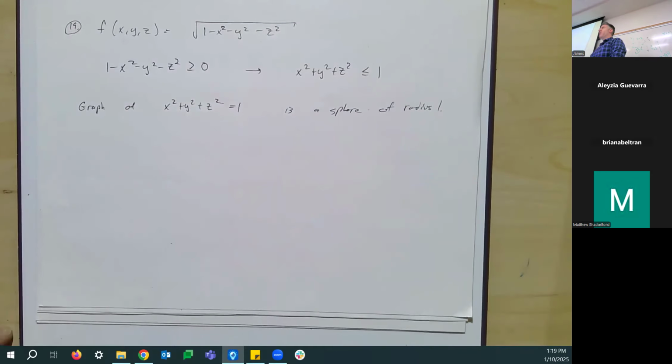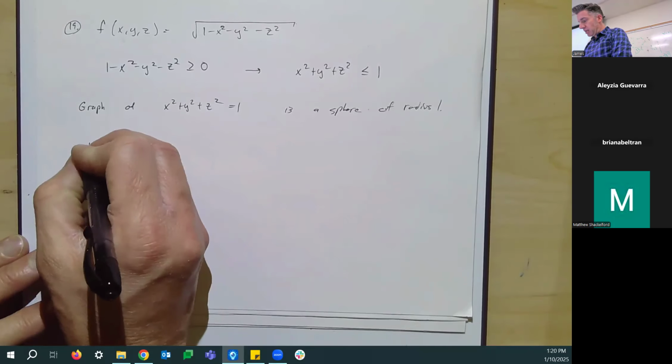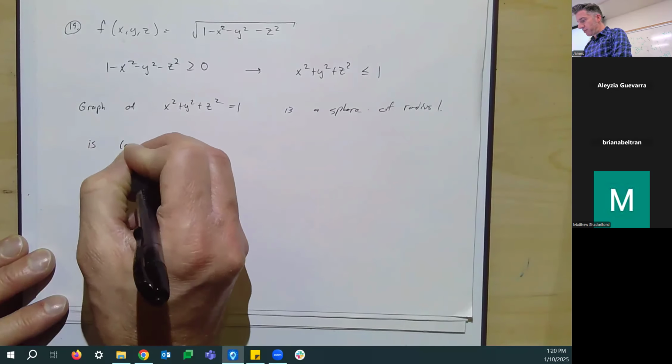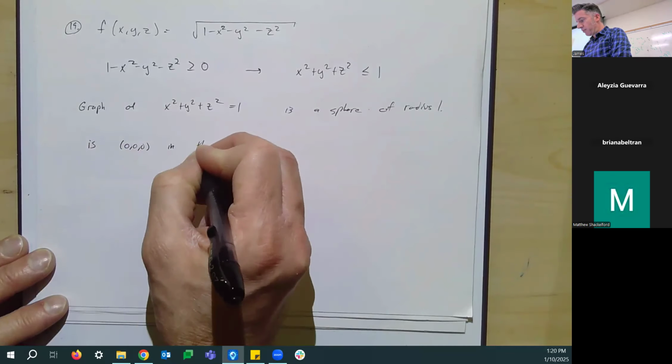So the question is, do we want all the points inside or outside? Well, I'm going to pick a test. I'm not as good at drawing in three dimensions, so I'm just going to imagine. Well, I know inside the sphere of radius 1, certainly the origin is in there. It's the center. So I'm going to test to see: is the origin in the domain?